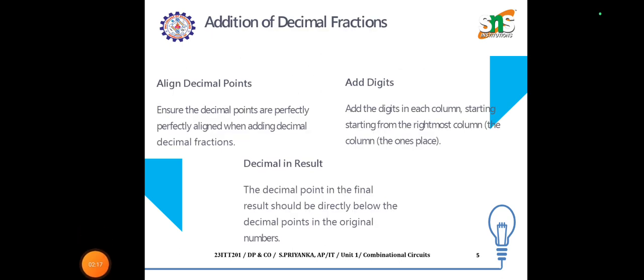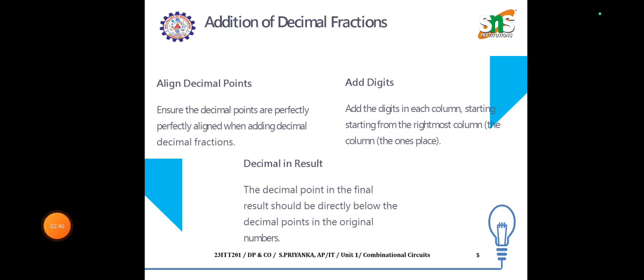Next is adding of decimal fractions. Adding of decimal fractions consists of align decimal points, add digits, and decimal in results. Align decimal points: this is used to ensure the decimal points are perfectly aligned when adding decimal fractions.